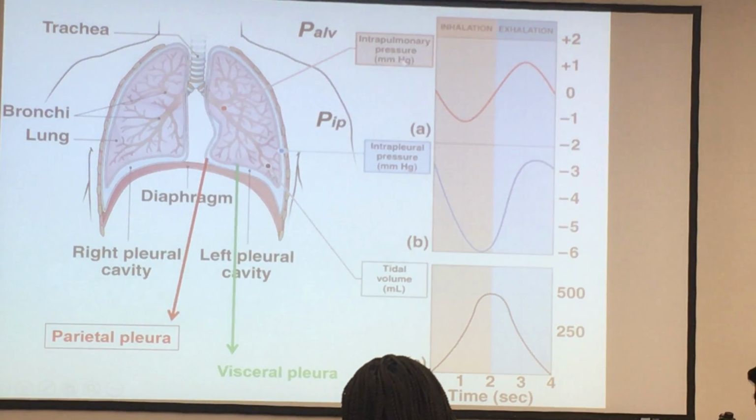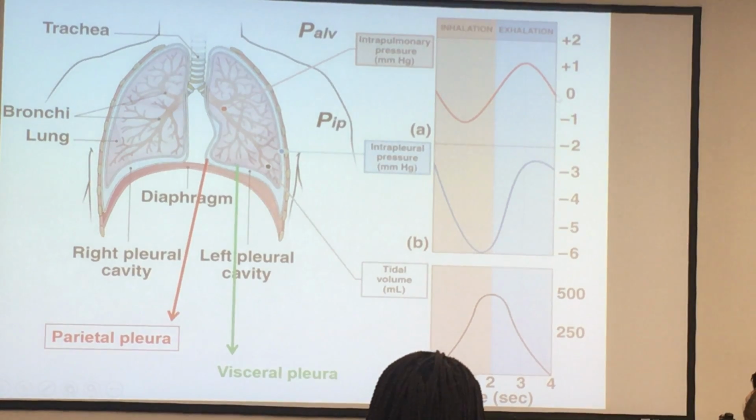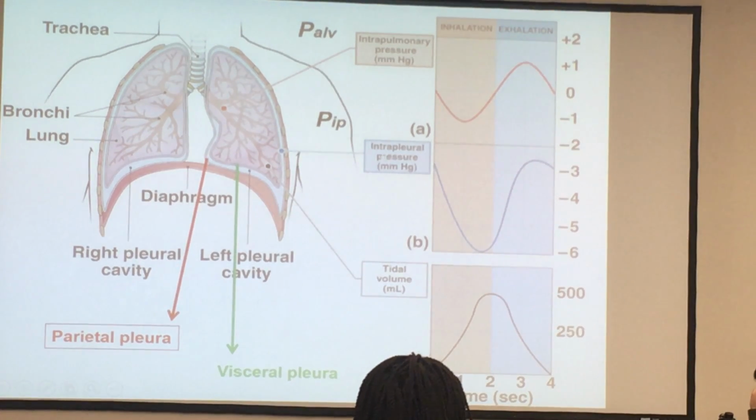During inhalation or exhalation, as the air comes in and out, the pressure inside the lung, I mean in the alveoli, varies from +1 to -1 compared to the atmospheric pressure. But inside the pleural cavity, the intrapleural pressure will be from -3 to -6. It's more negative. Okay.